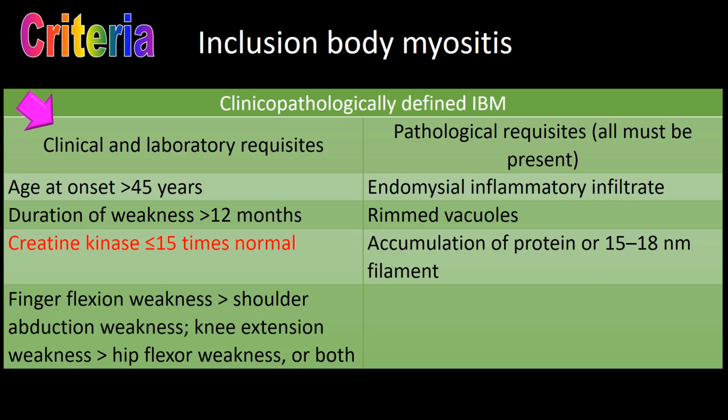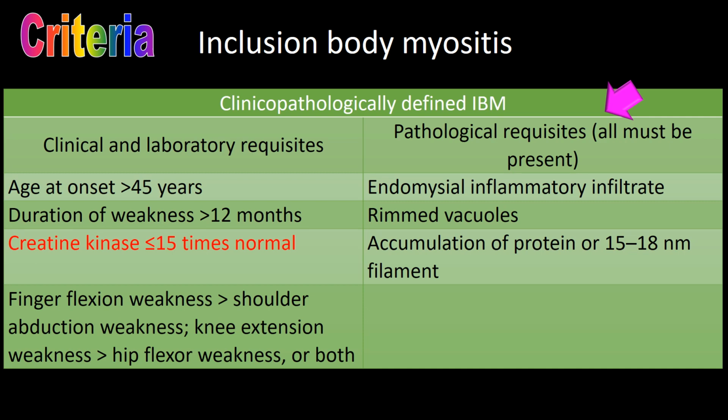To diagnose inclusion body myositis, we need to fulfill a set of clinical and laboratory elements, which are onset after 45 years of age, duration of weakness for longer than 12 months, CPK lower than expected, less than 50 times normal levels, finger flexion weakness should be more than shoulder abduction weakness, and knee extension weakness should be more than hip flexion weakness.